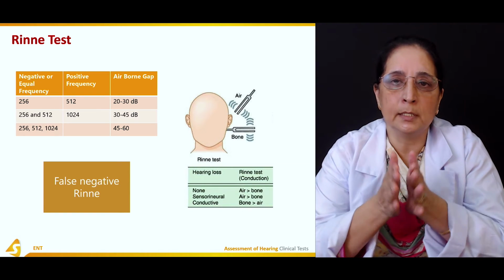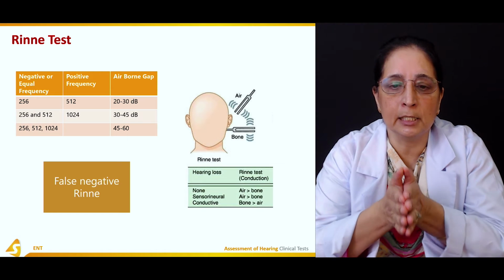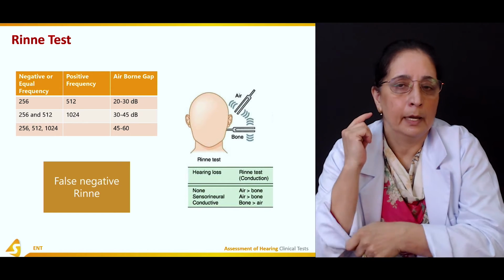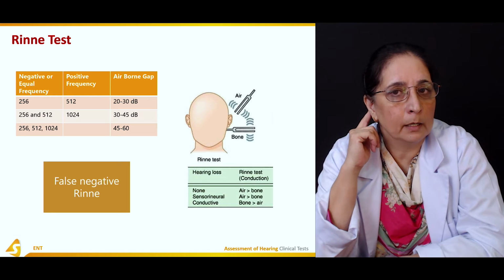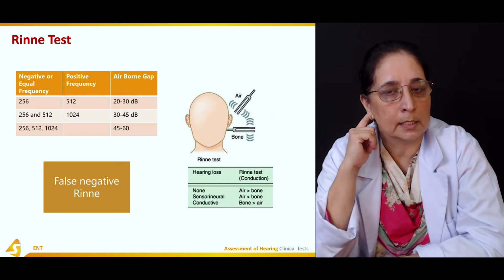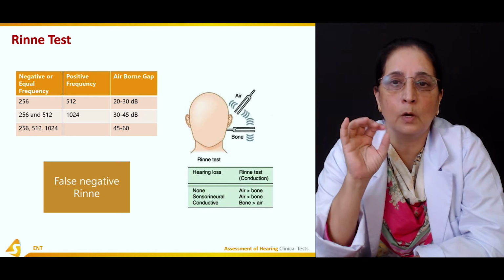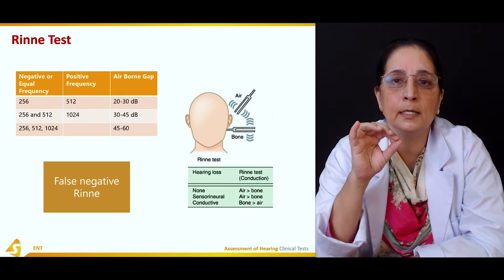Rinne's test: once the tuning fork is set into vibration, you put the tuning fork on the mastoid process of the patient, and you ask the patient to raise a finger once they stop hearing the sound.